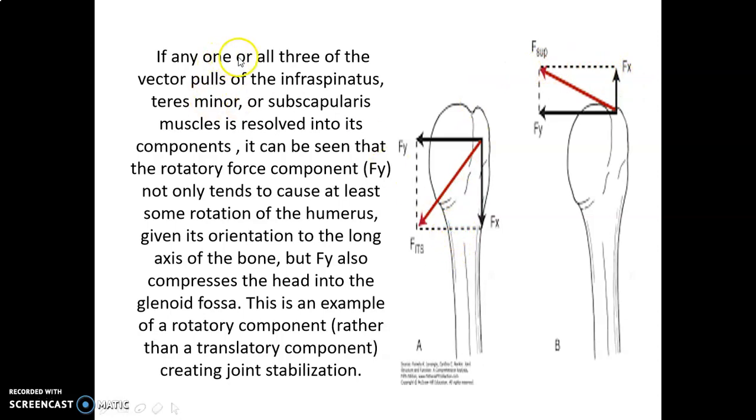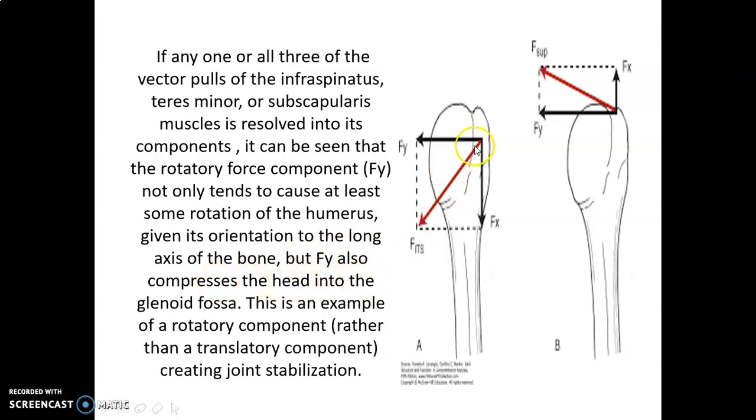If any or all of the three vector pulls of the infraspinatus, teres minor, and subscapularis muscles is resolved into its components, it can be seen that the rotatory force component Fy not only tends to cause at least some rotation of the humerus, given its orientation to the long axis of the bone, but Fy also compresses.